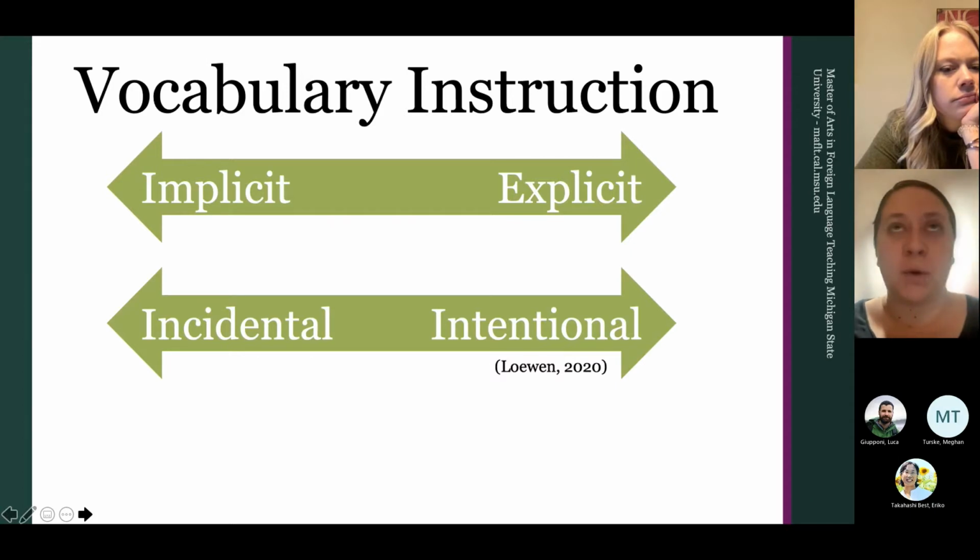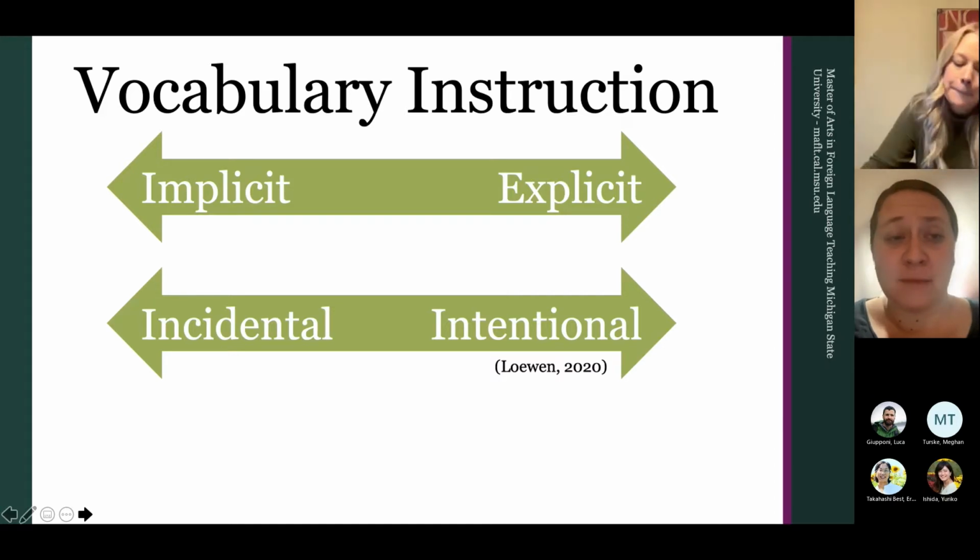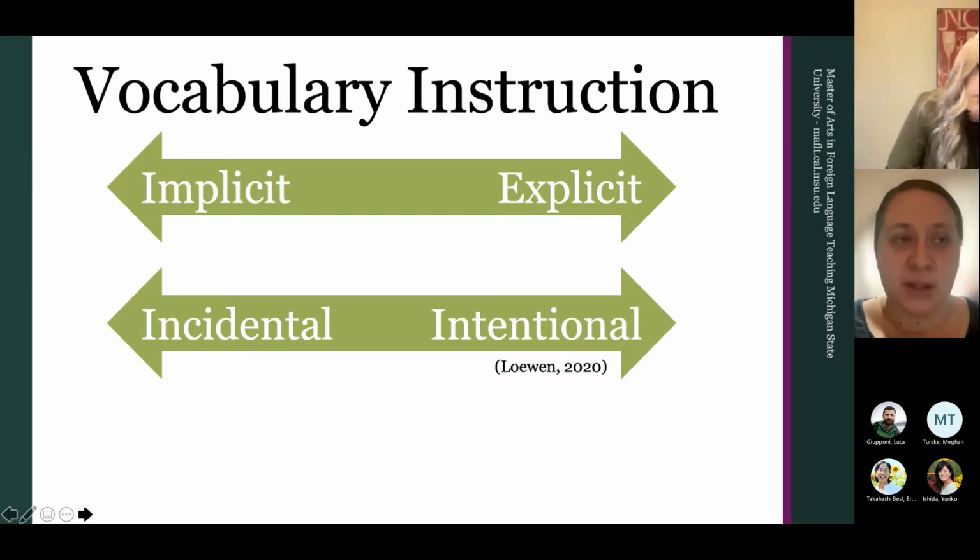First of all, just a quick overview, a refresher course of vocabulary instruction. There's lots of different approaches to teaching students vocabulary, and it ranges from the implicit, which usually includes extensive reading or comprehensible input approaches, to explicit, where you give students a list of words.